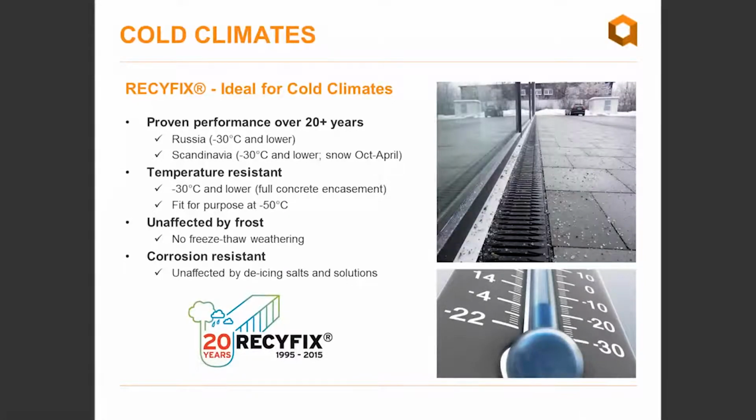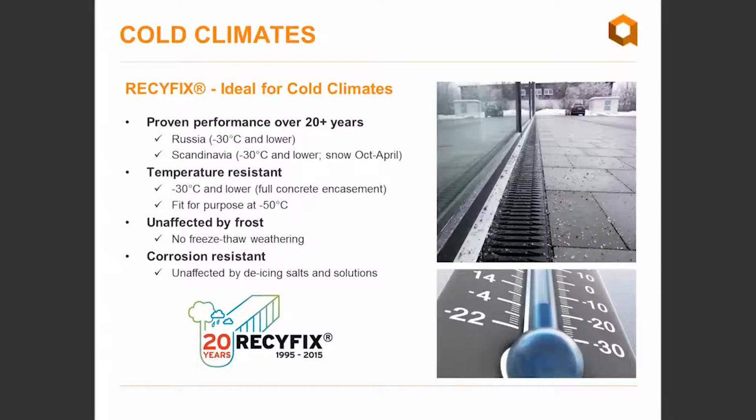First of all, it has a proven performance because Recifix systems have been used over 20 years in locations where the temperature can be as low as -30 and lower, like in Russia or Scandinavia, where they have snow and weather similar to what we have.